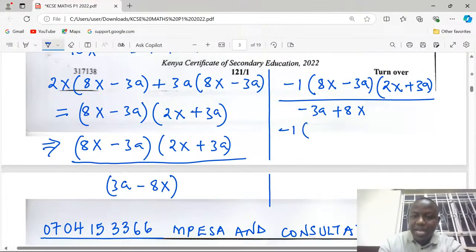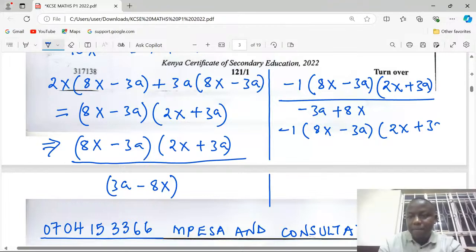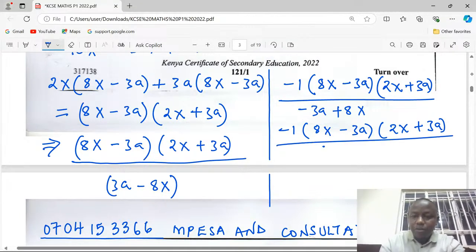We remain with our negative in the numerator, 8x minus 3a, 2x plus 3a. Then we divide by. A rearrangement will make 8x to start, then minus 3a.